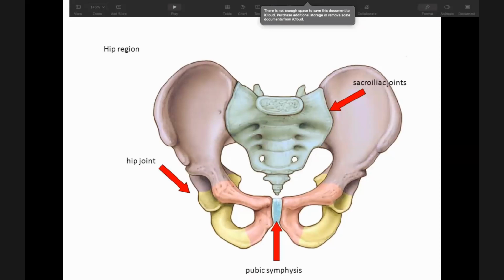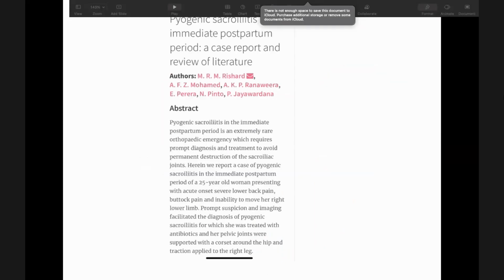This can increase after delivery also, in the postpartum period. We had a case recently of pyogenic sacroiliitis. When the big muscles and joints become loosened, one woman had an infection, actually a urine infection, GBS, streptococcus infection.